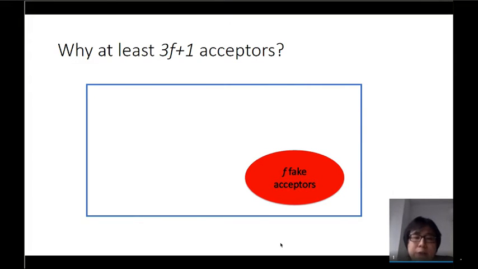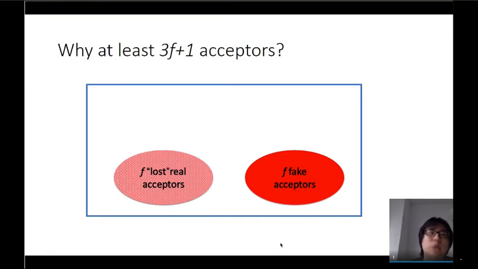To tolerate these F fake acceptors, we have to have a protocol that can proceed without replies from F acceptors, right? But if we have such a protocol, we cannot tell if F acceptors not responding to us are actually fake acceptors or simply we cannot get in touch with them because of the asynchronous network, where all the messages are lost. So there are actually some real acceptors we just cannot get in touch with.